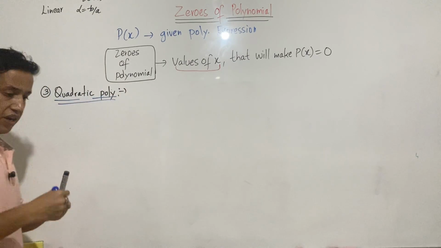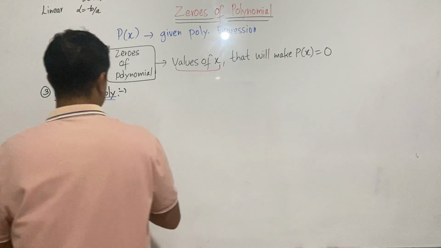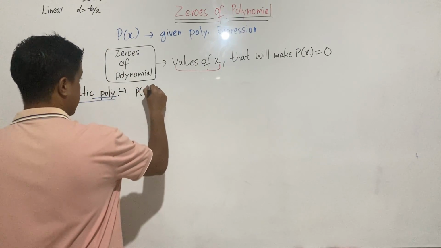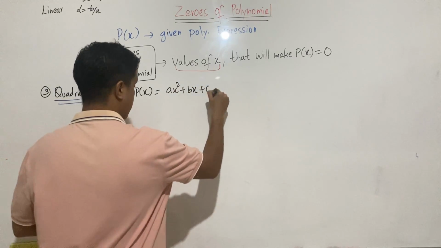Now see here, the general form of a quadratic polynomial is px equal to ax squared plus bx plus c, right?